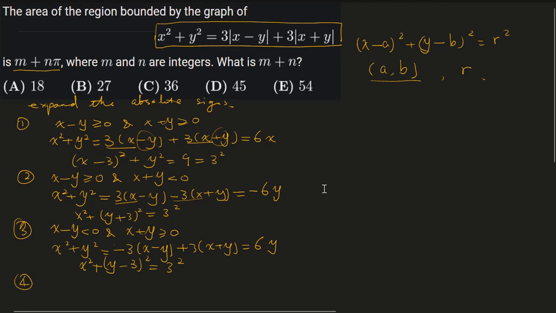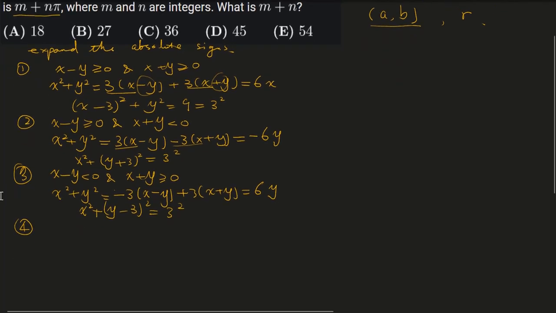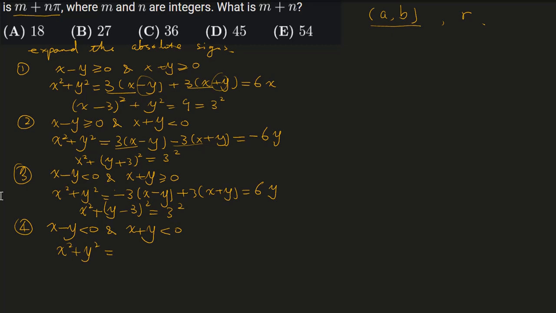So let's scroll down a little bit. The last case is the first term is less than 0 and the second term is also less than 0. And then the curve becomes x squared plus y squared equals minus 3 times x minus y minus 3 times x plus y.